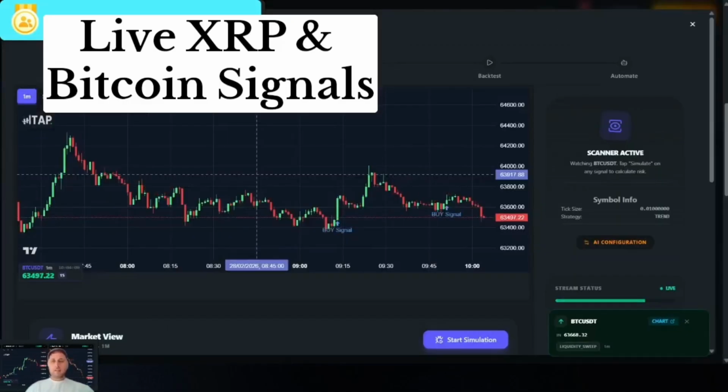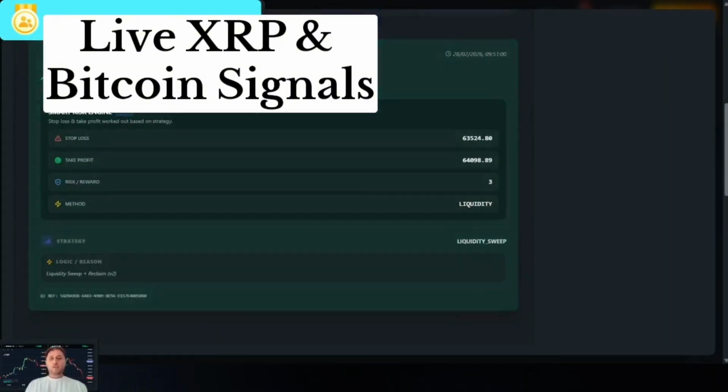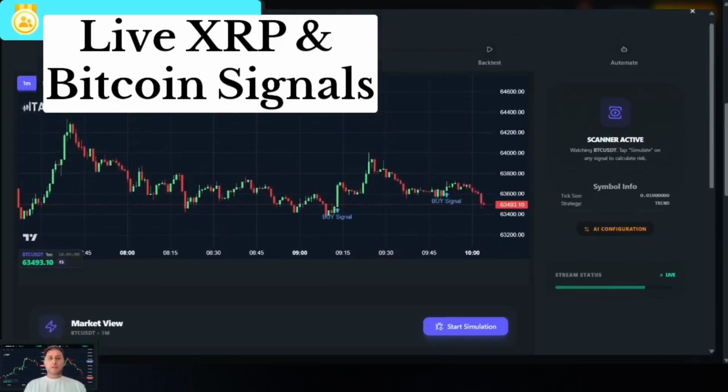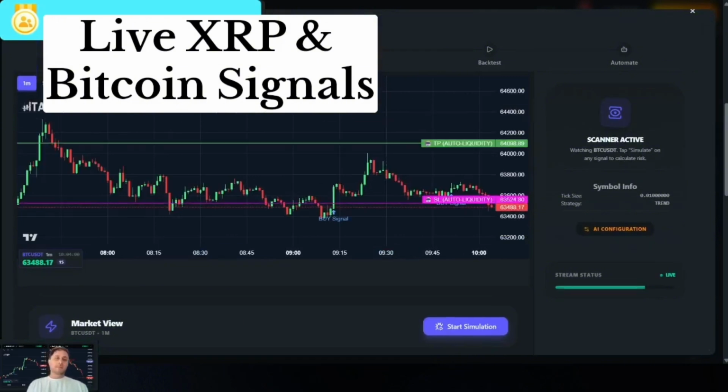Okay, liquidity sweep. I can see a few signals. They're not bad. And it uses liquidity, stop loss, and take profit. Not bad either. Let's see the SLTP line. Yeah, that's the SLTP line.